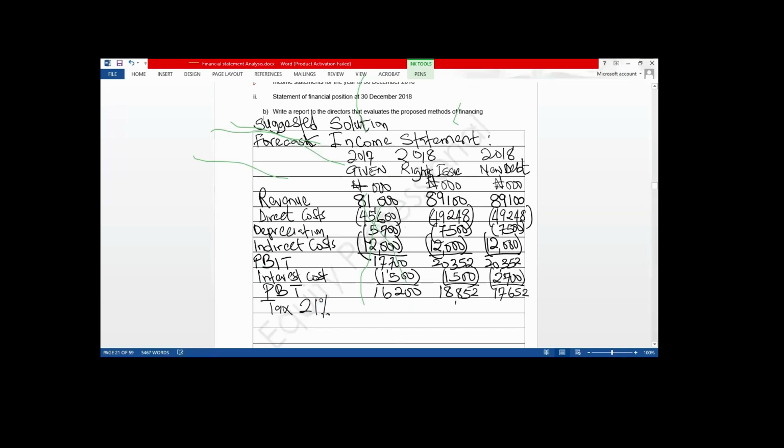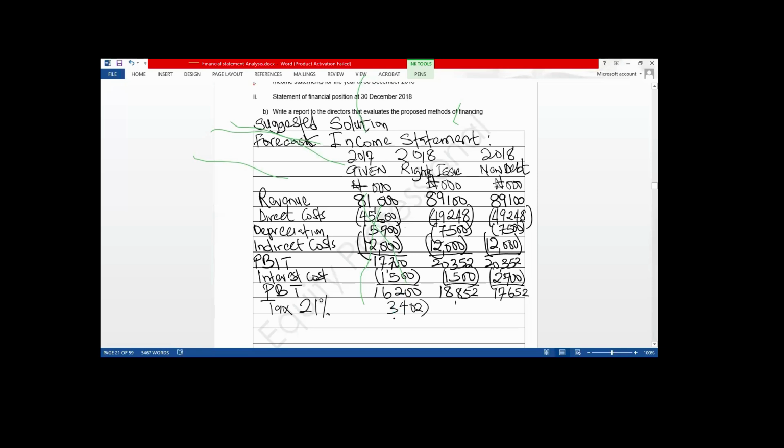Please compute 21% of 16,200. What do we have? 3,402.